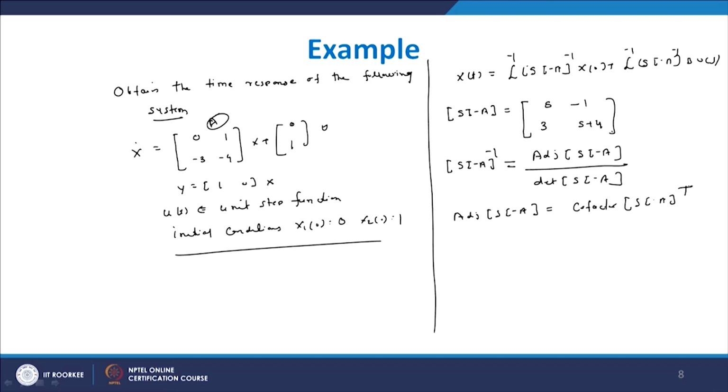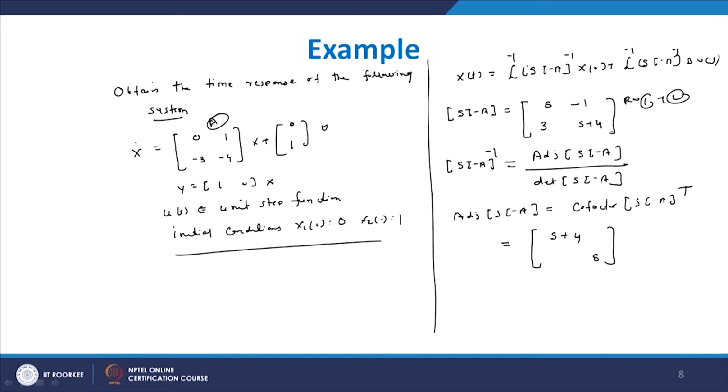Here we write sI minus A. To get the cofactor, for s we get s plus 4, and for s plus 4 we write s. Then for this minus 1 position, it is an odd term: first row, second column. Whatever element we get, we have to attach a minus sign. So, here with the minus 1, we get 3.